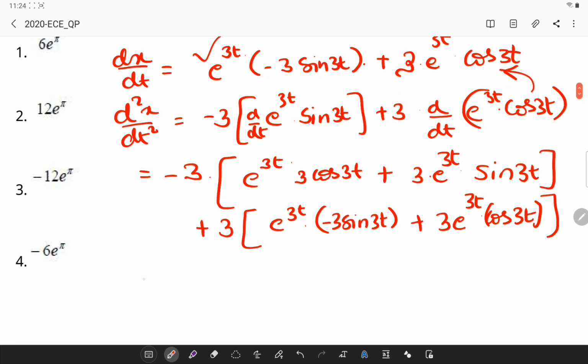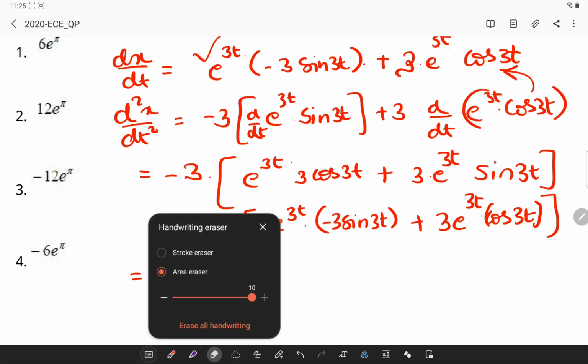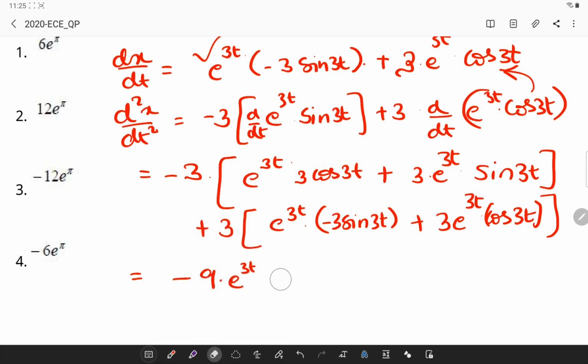So finally I will write it: 3 threes are 9, minus 9 into e power 3t into cos 3t, and 3 into 3 minus 9 into e power 3t into sine 3t.